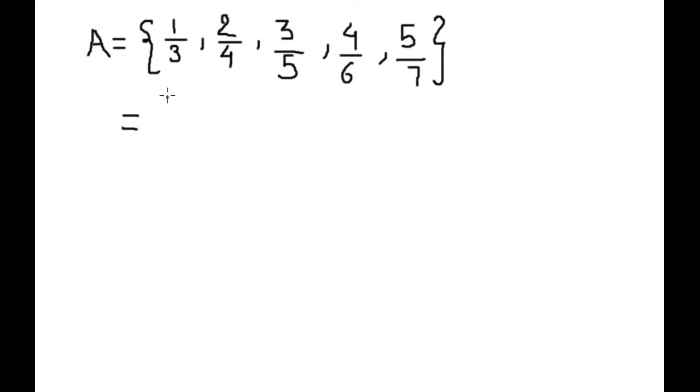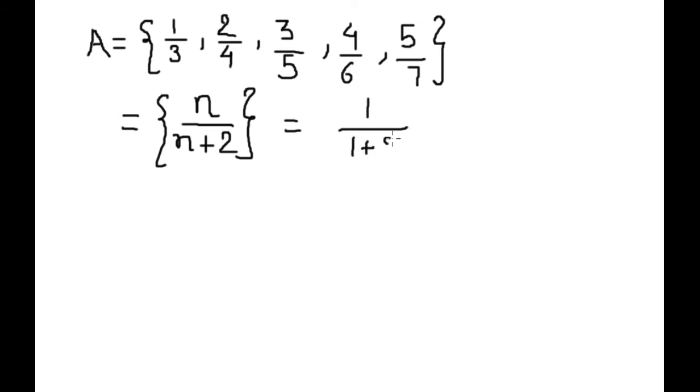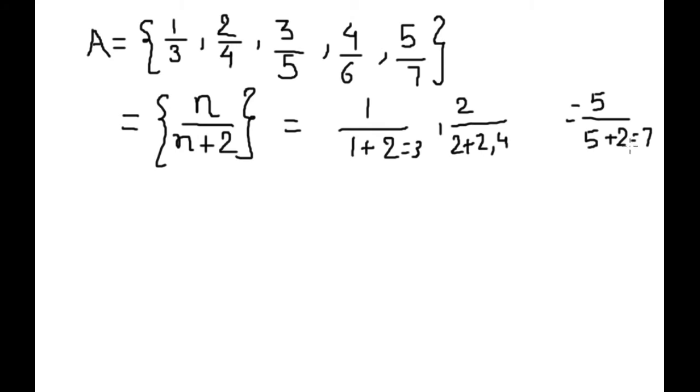Here we can see this thing is written in this form. If we put 1, it is 1 plus 2, 3. Next is 2, 2 plus 2 is 4. In this way till 5, 5 plus 2 is 7.